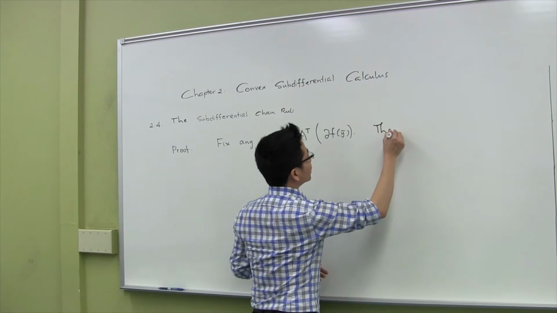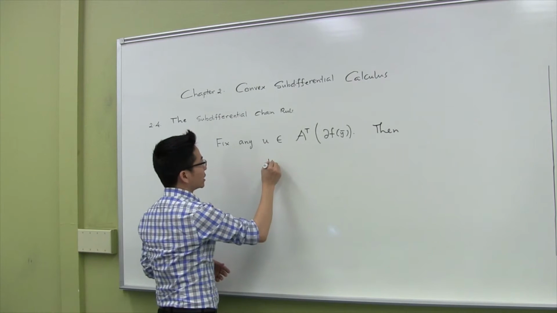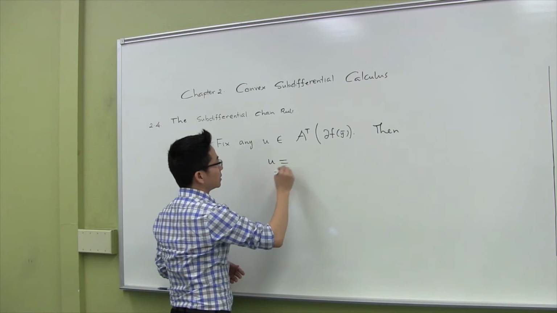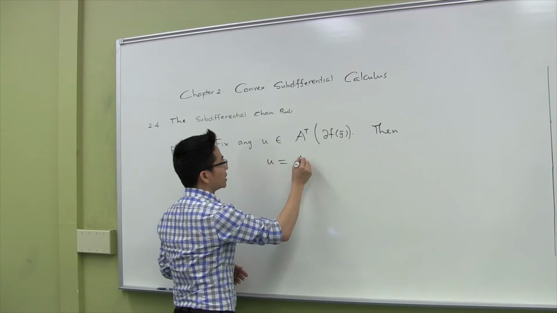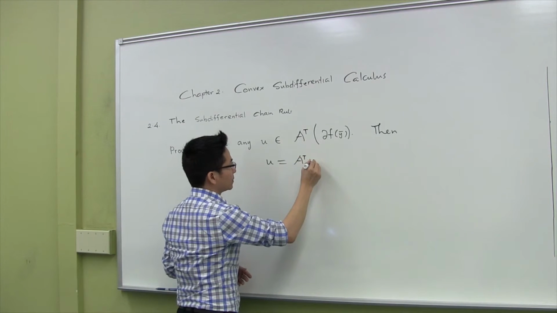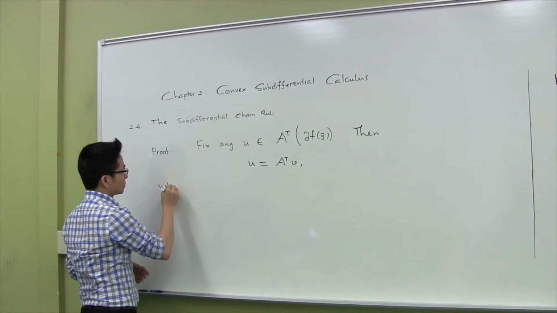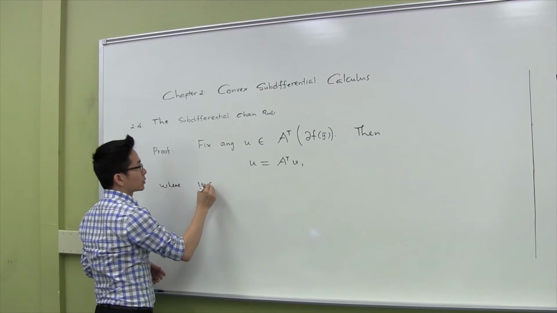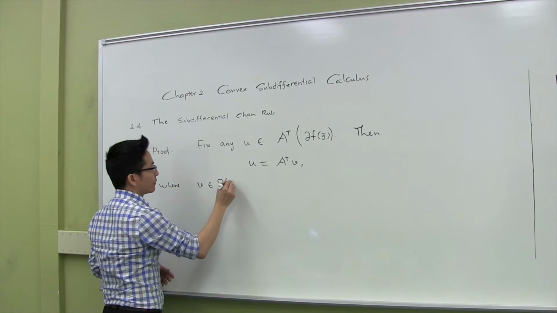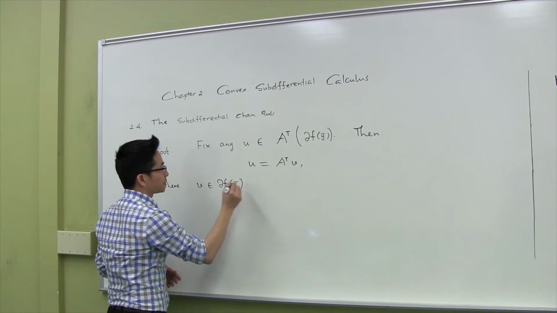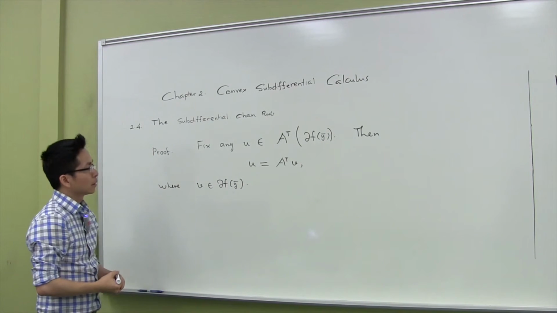Then, by the definition, u has the following representation: u is the product of A transpose times V, where V belongs to the subdifferential of f at y bar. We have the following.